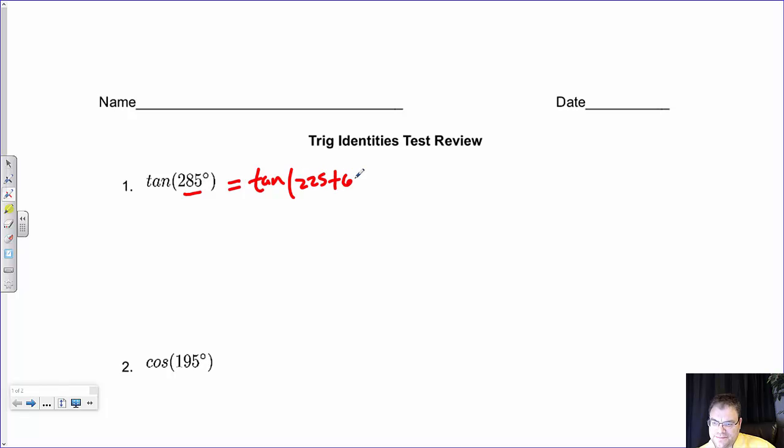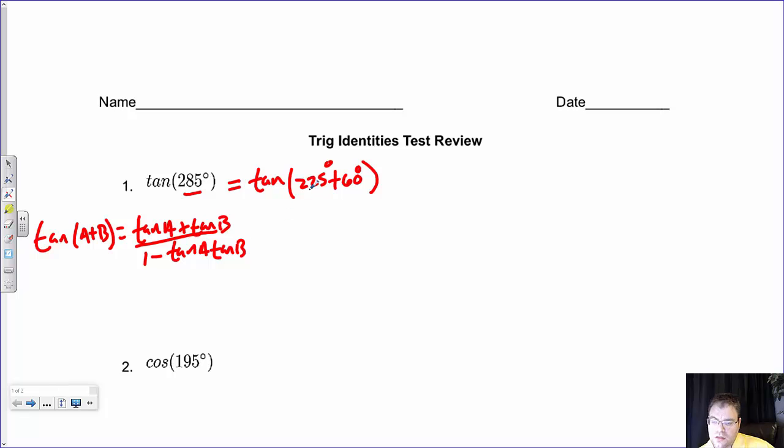So I'm going to go with 225 and 60. Okay. So I know from the formula chart that I'm going to give you that the tangent of a plus b is going to equal the tangent of a plus the tangent of b over 1 minus the tangent of a times the tangent of b.